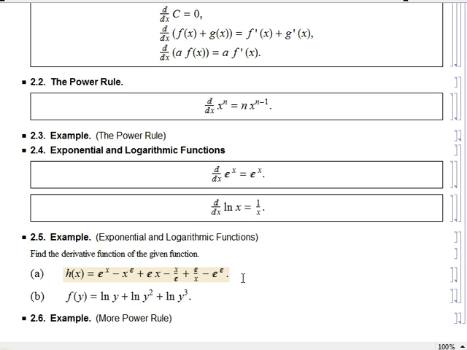All you have to remember is x is a variable, e is a number. So e to the x power is an exponential function, and e to the e power, there's no x in there, that's constant. Everything else is a power function.